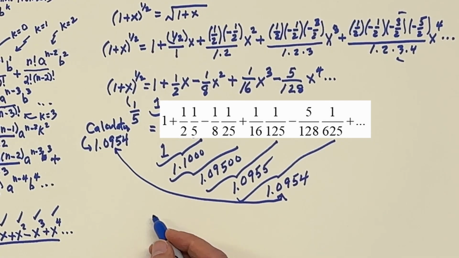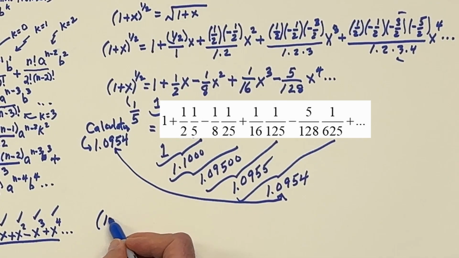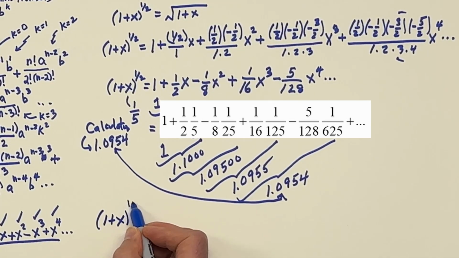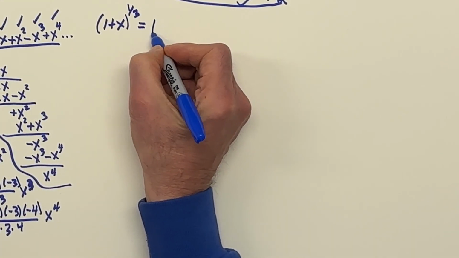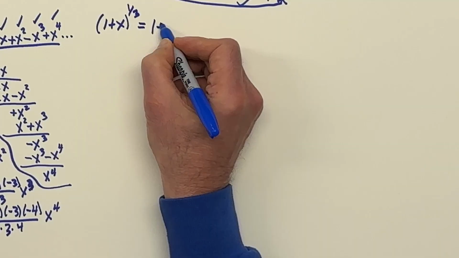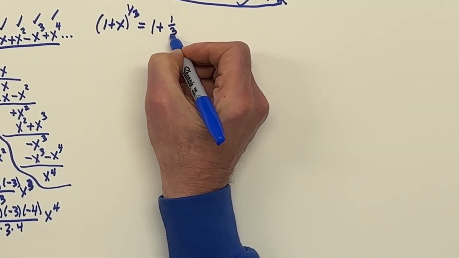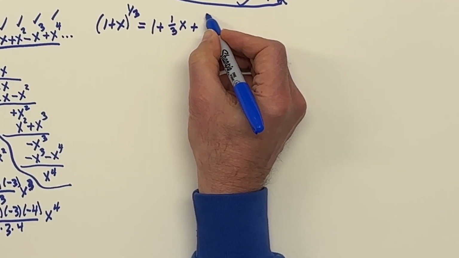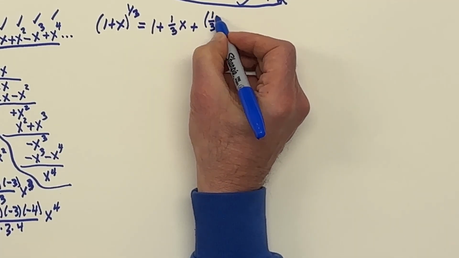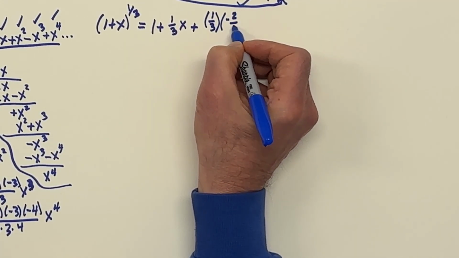Okay, so now I'm wondering about 1 plus x to the 1/3 power. That's taking like a cube root. Checking a few here. 1 plus, all right, well, I have 1/3 over 1 times x. And then here, if we count the backward trick, 1/3, we subtract, we get minus 2/3.